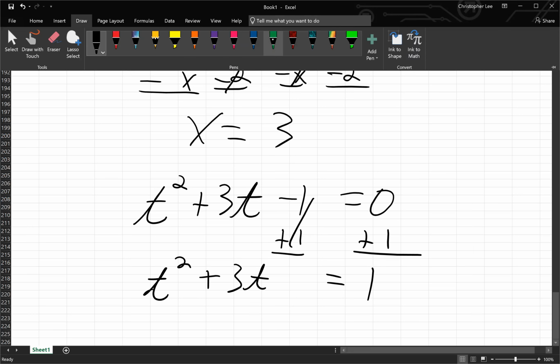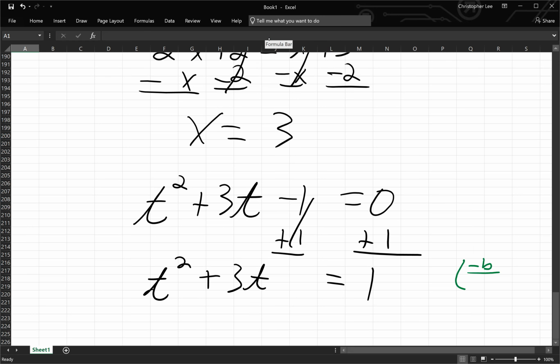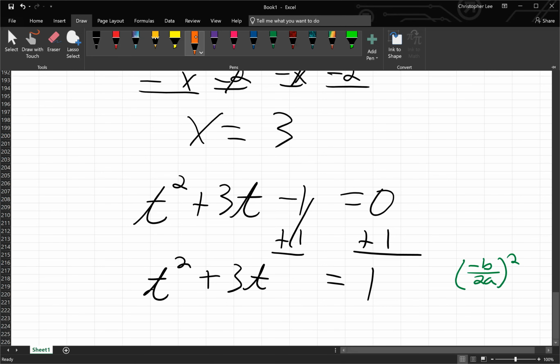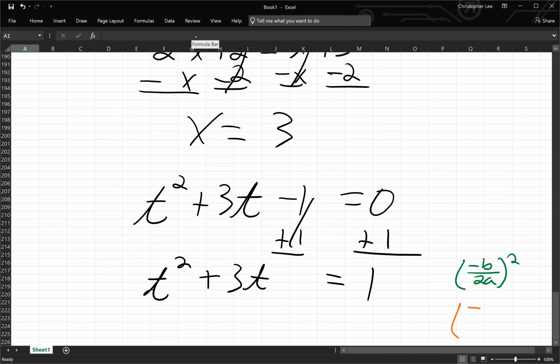I have this formula here, right? Negative b over 2a, squared. My a is 1 in this case, so that's good. So this is negative 3 over 2 times a, which is 1.